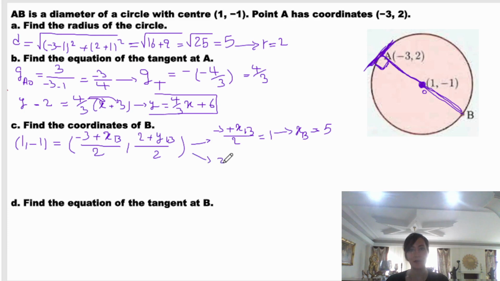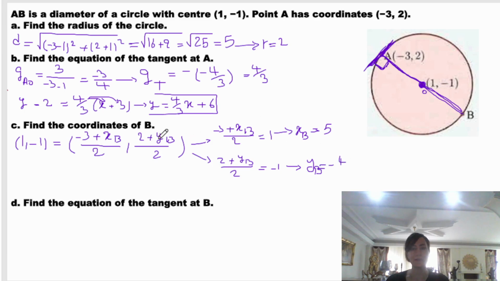2 plus yB divided by 2 equals -1. So 2 times -1 gives me -2. I bring this 2 to the right side. yB equals -4.